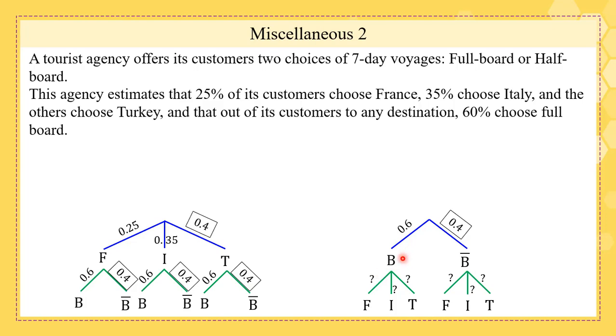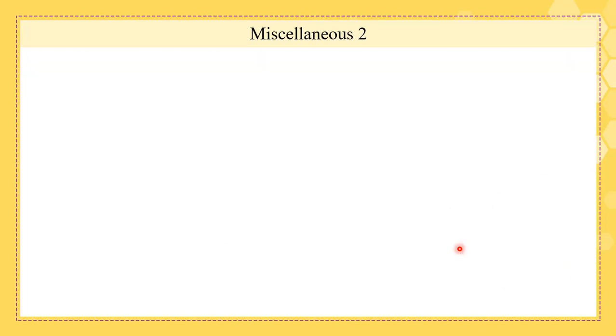So in this case, we can see that the tree cannot be completed. That's why in case I cannot complete the tree, I try to flip the events. Now here we've chosen B bar, then FIT, so we flip them and we put FIT and then B bar. So here we cannot continue.